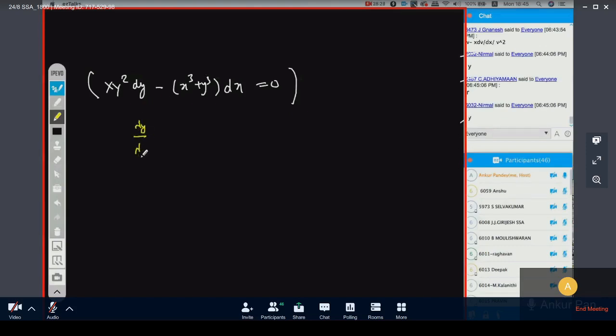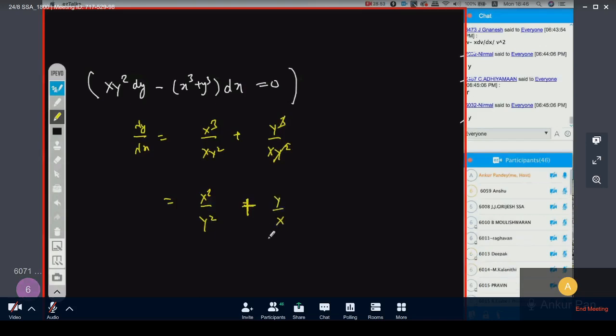dy by dx is equal to x cube by xy square plus y cube by xy square. Clear? You get x square by y square, right? Plus y by x.